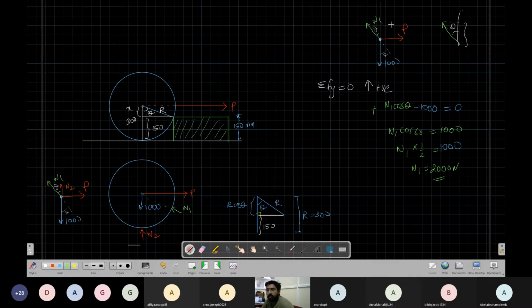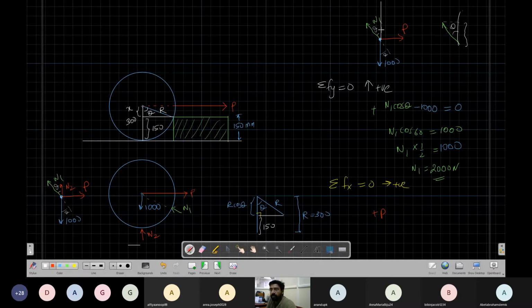Now, what is the value of P? Now we can go for horizontal equilibrium. The sum of forces in the x direction should be equal to 0. I can assume right to be positive. So P is on the right-hand side, so it is positive.